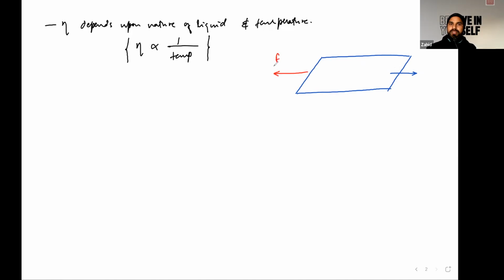So we may treat this force as tangential to the surface. And this force acting tangentially on the surface per unit area may be defined as shear stress. So shear stress is the force acting tangentially on a surface per unit area.